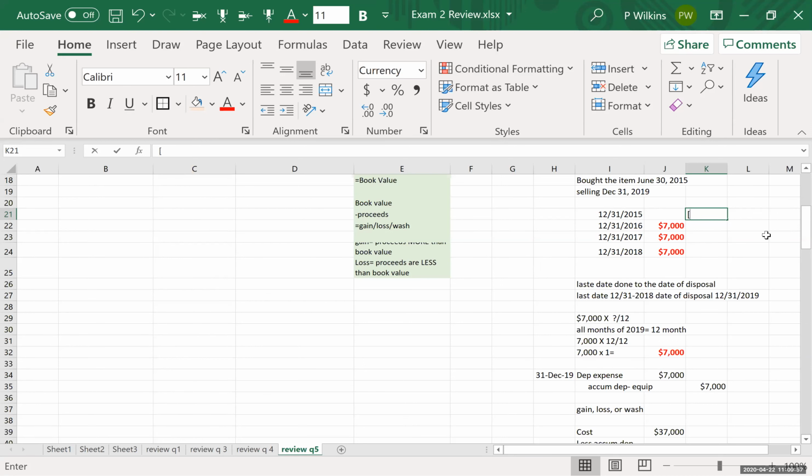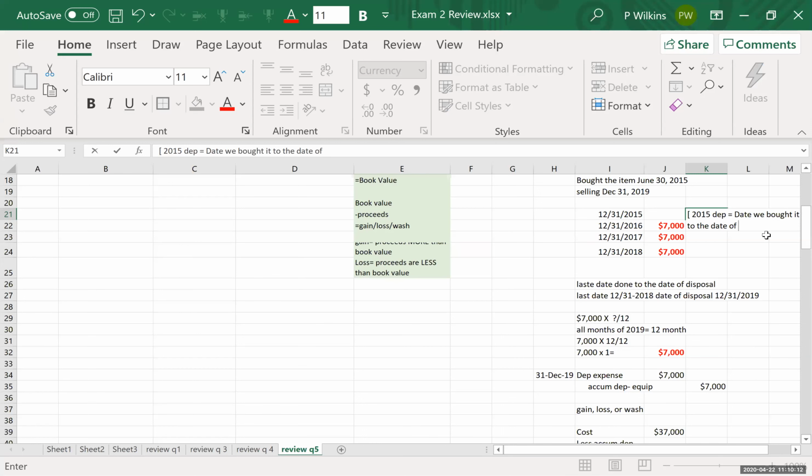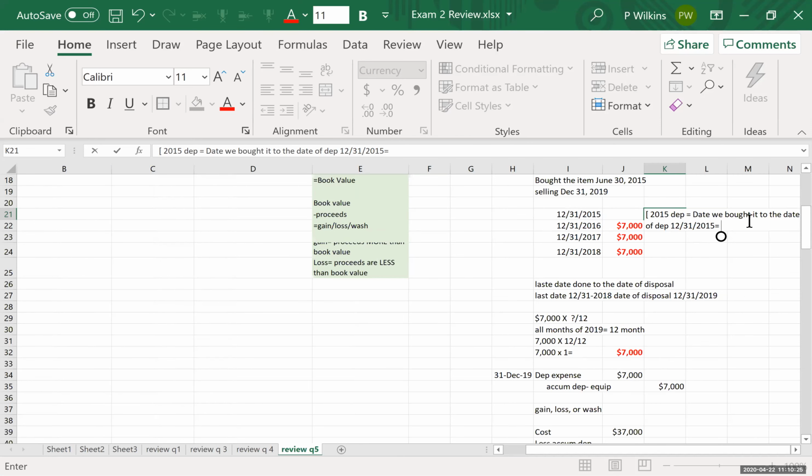And that's because 2015 depreciation is equal to the date that we bought it, the date of depreciation, which was 12/31/2015. So this is equal to, hold on, let me move over so you can see all this.